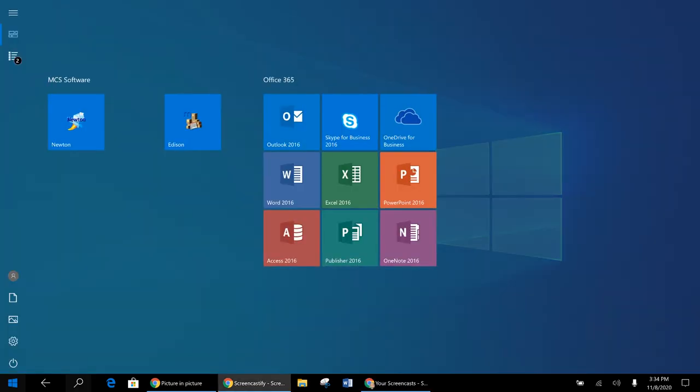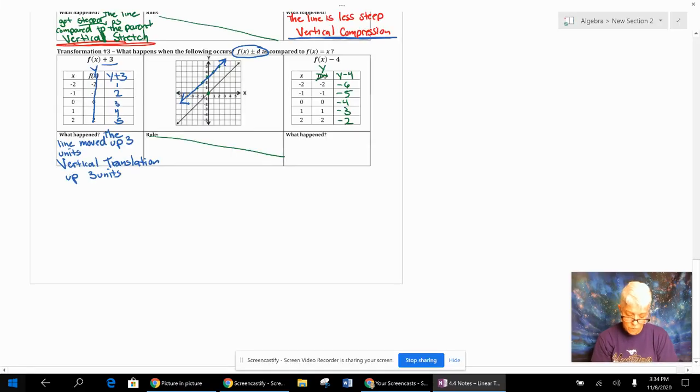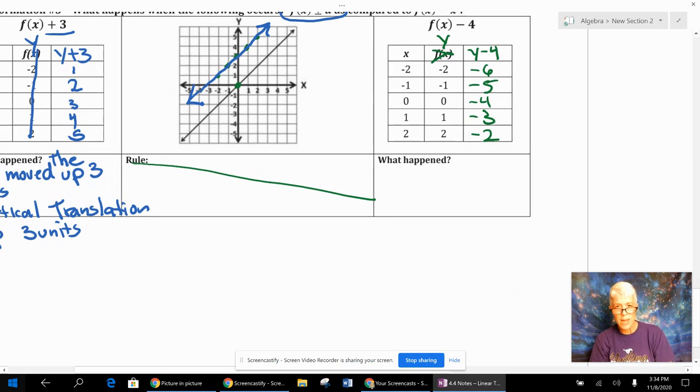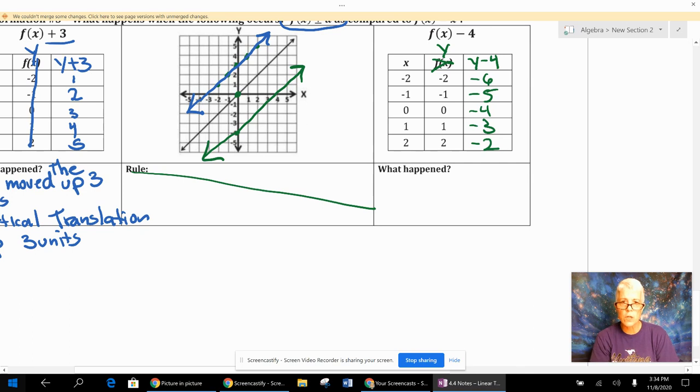Whoa. And it's super important that you remember those details. Well, it went away. I don't want to spend time rewriting it. Vertical translation down 4 units.